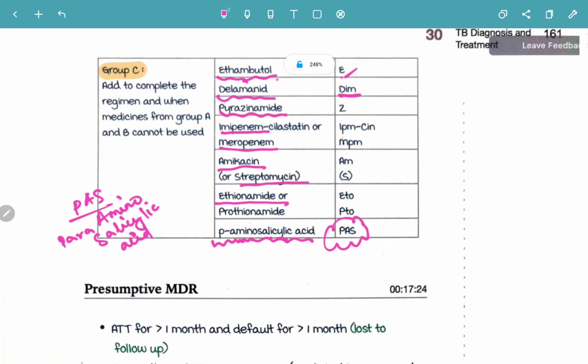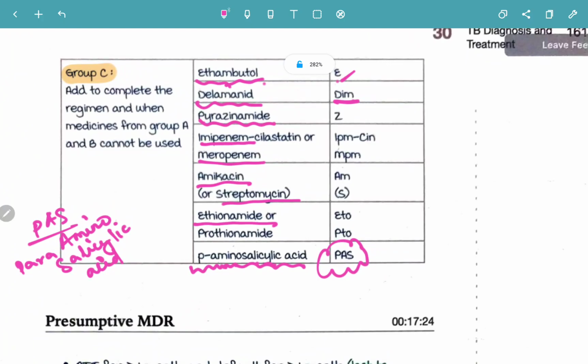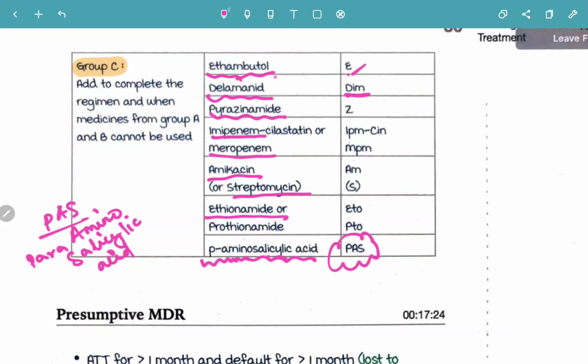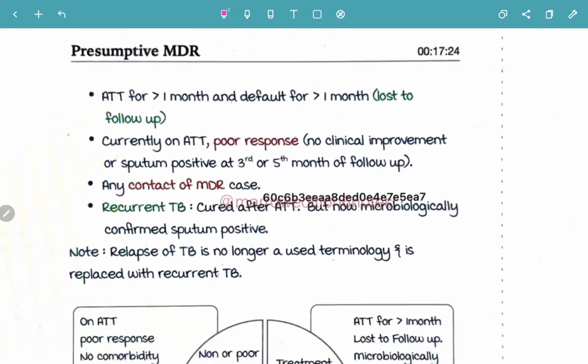Okay, so remember what are the drugs in group C? Group C drugs are ethambutol, delamanid, pyrazinamide, imipenem or meropenem, amikacin or streptomycin, ethionamide, prothionamide, para amino salicylic acid, PAS. So these 7 drugs are there in group C.